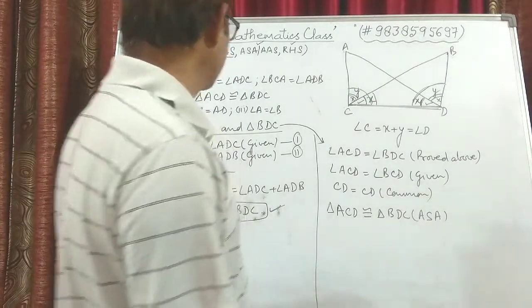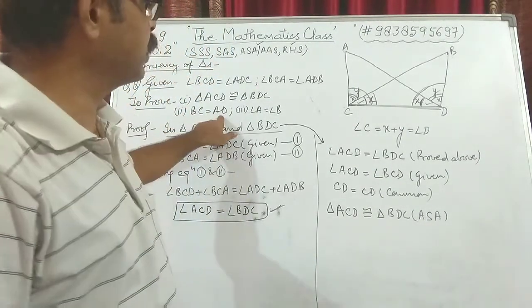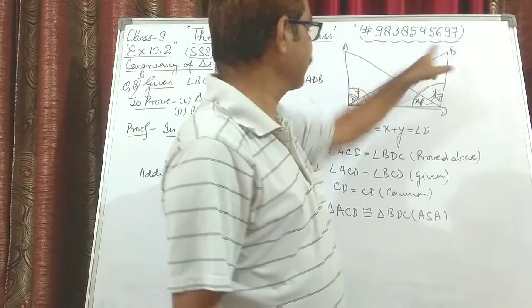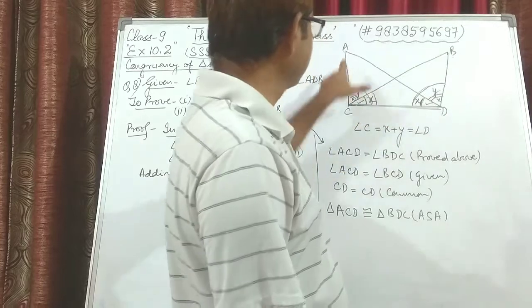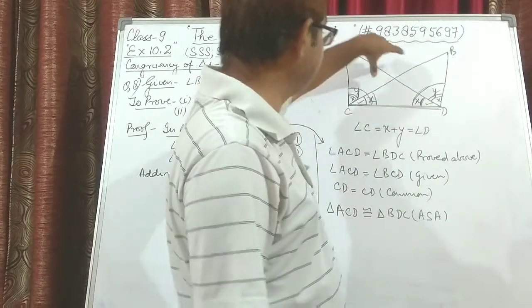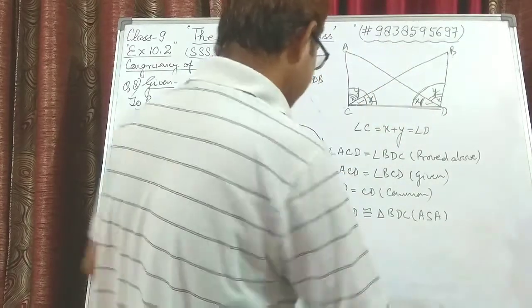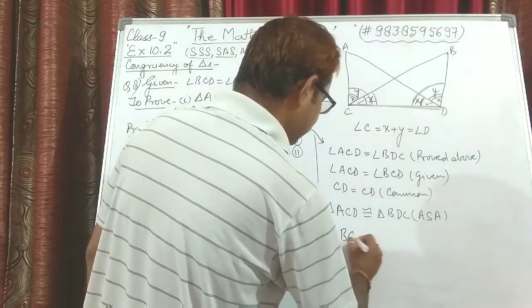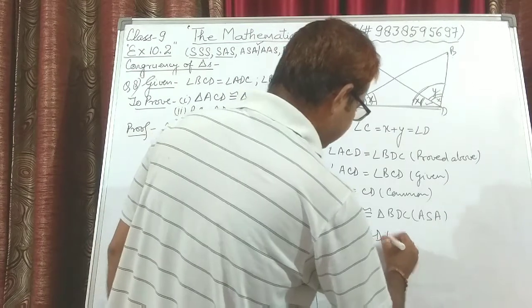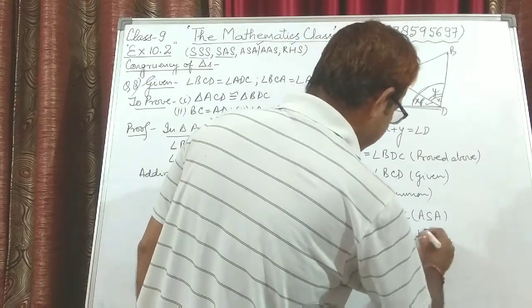Now when the triangles are congruent, the second point is BC should be equal to AD. So when triangle ACD is congruent to BDC, then BC has to be equal to AD. So second point, you can simply write BC is equal to AD, and the reason is CPCT.